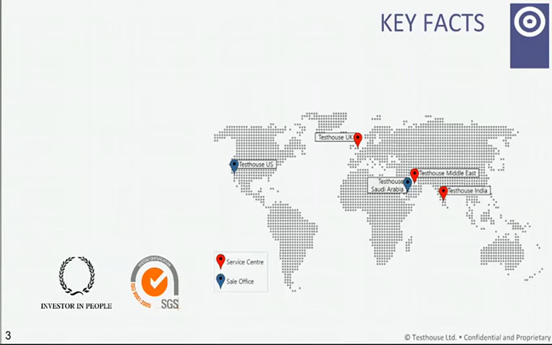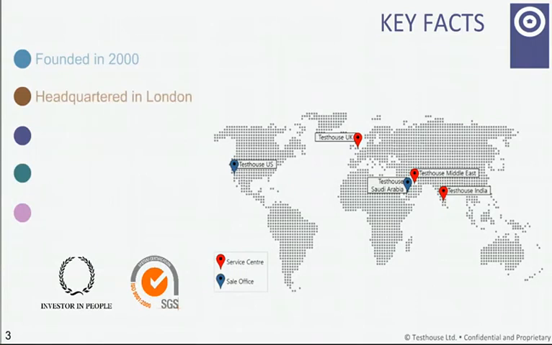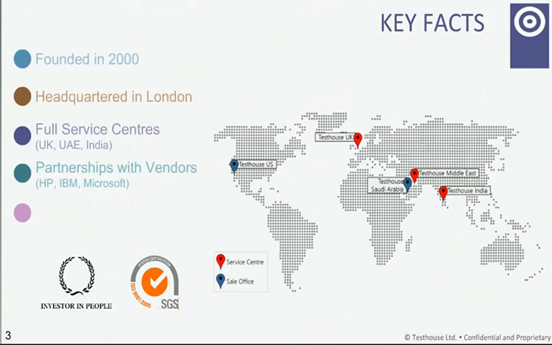So, something about the company. We were founded in 2000, so we've been going for about 15 years or so. Headquartered in London, Docklands. We have full service centres in the UK, the Middle East and India, so we can service customers very well in those regions. We have good partnerships with major software vendors.